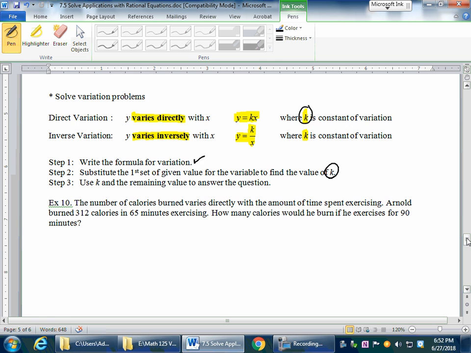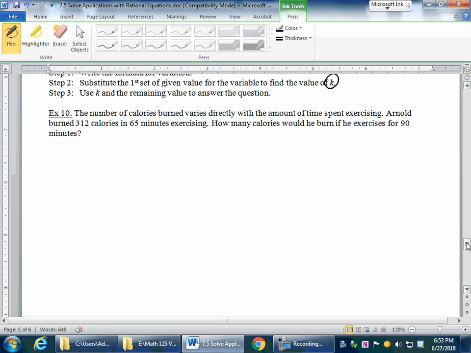So let's take a look at the first example. The number of calories burned varies directly with the amount of time spent exercising. So in this case, it is talking about what? The number of calories burned, right?